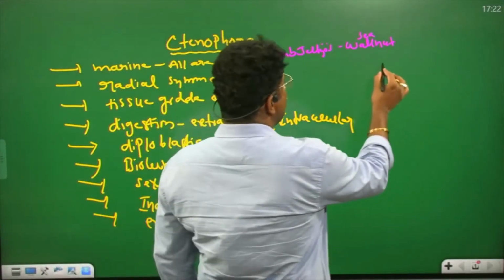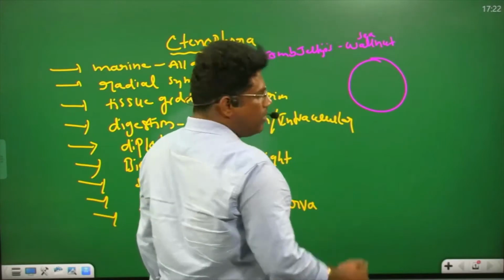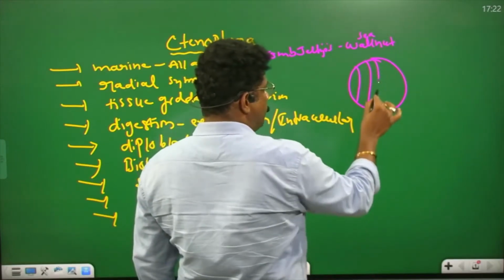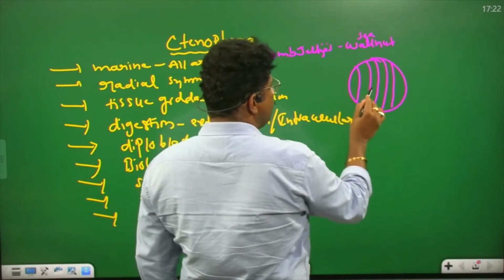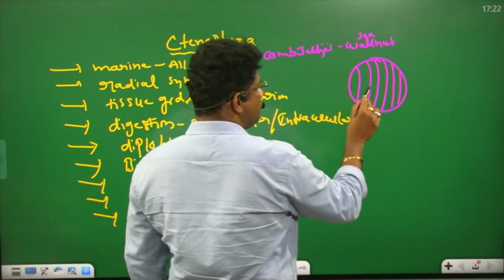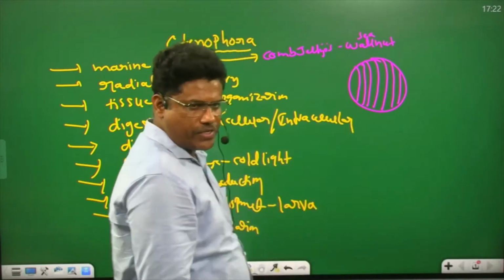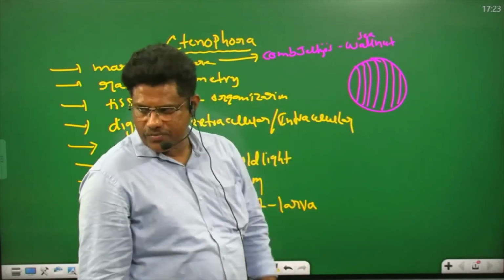Yes, this is the Ctenophora body. The body has 8 comb plates. 1, 2, 3, 4, 5, 6, 7, 8. The body has 8 comb plates.